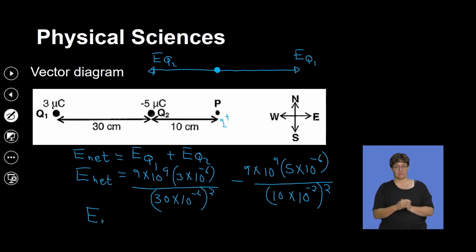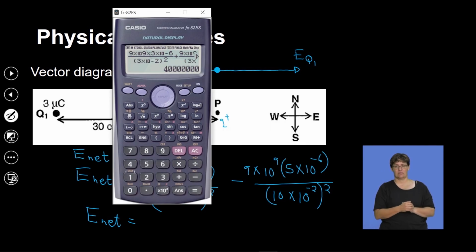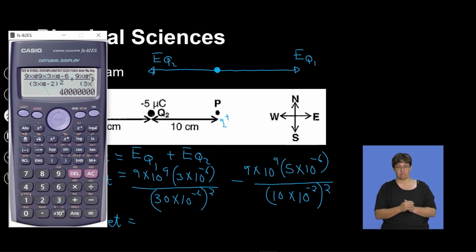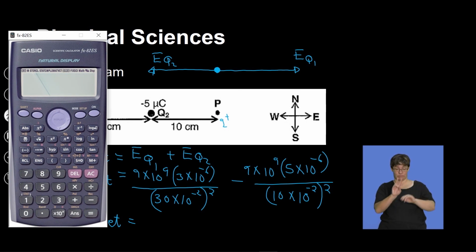So our E net in this case becomes, then we can go to our calculator. From our calculator, there are two sides to it. It's going to be 9, and we put that as a fraction because that's what it is, a ratio. 9 times 10 exponent 9, which is the k, multiplied by 3 times 10 negative 6, which is the magnitude of charge of Q1, divided by, let's put that into brackets because our intention is to square the distance, 30 multiplied by 10 exponent negative 2.